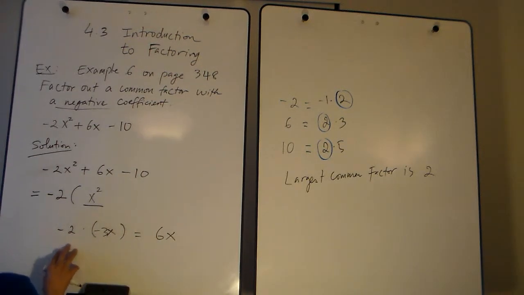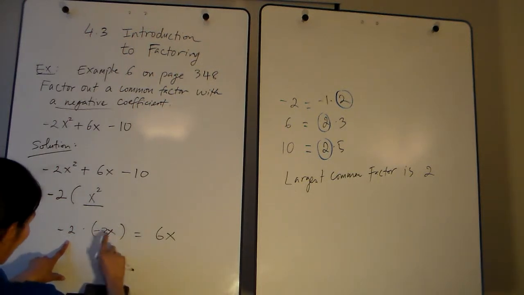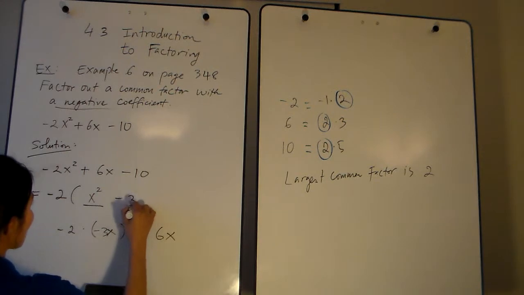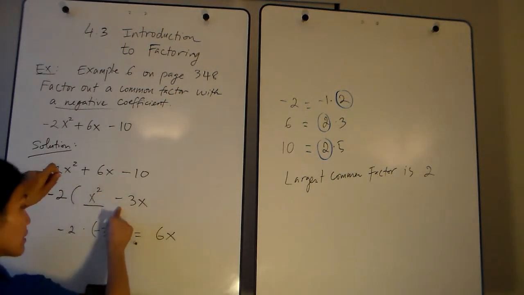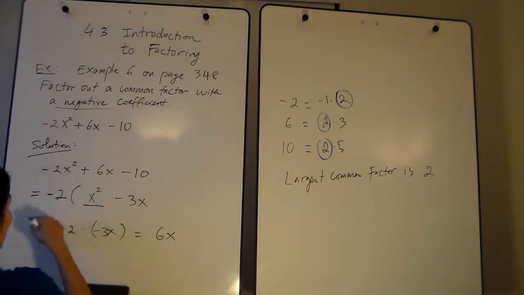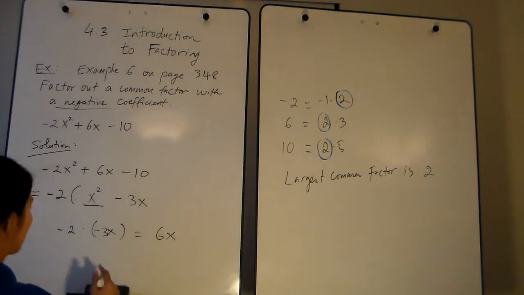So negative 2 got to multiply by a negative value, which is negative 3x. So negative 2 times negative 3 is positive 6, and x goes here. So I know that I got to multiply by negative 3x. Do you see the sign change? Once you factor out a negative value, the sign in here will be changed. So make sure you double check.